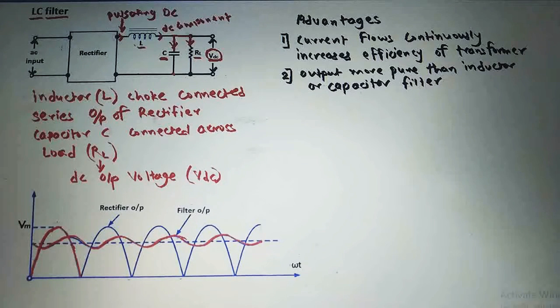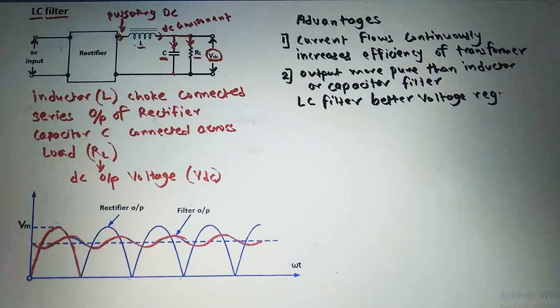So the output of this LC filter is more pure than the output of inductor filter or the capacitor filter. That means the LC filter gives better voltage regulation. So this is the second advantage of the LC filter.